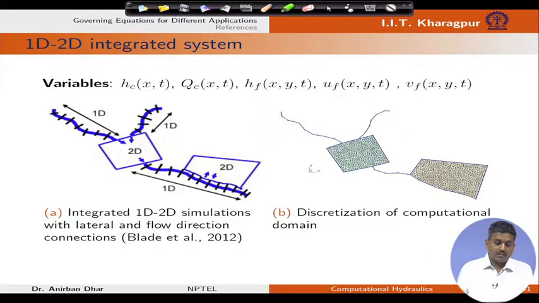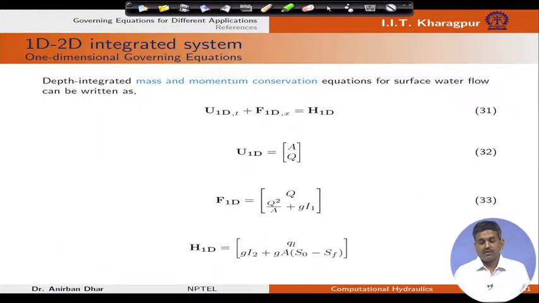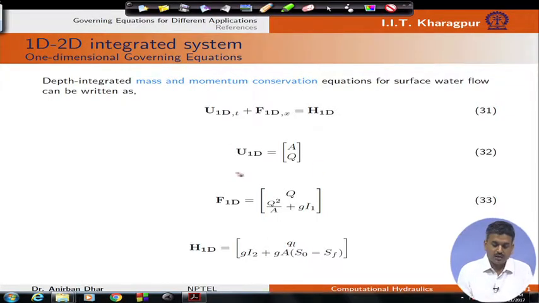And finally, if we talk about this 1D 2D integrated system, where we need to consider the channel water depth, channel discharge, surface flooding depth or depth of surface water, along with velocity components in x and y directions, we can express it in this vector form, where U1D, 1D is for channel flow approximation, A and Q, these two are for one mass, another one is momentum equation.